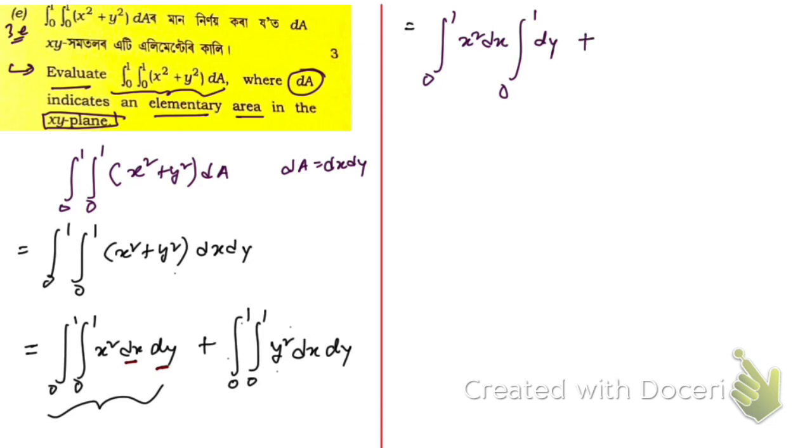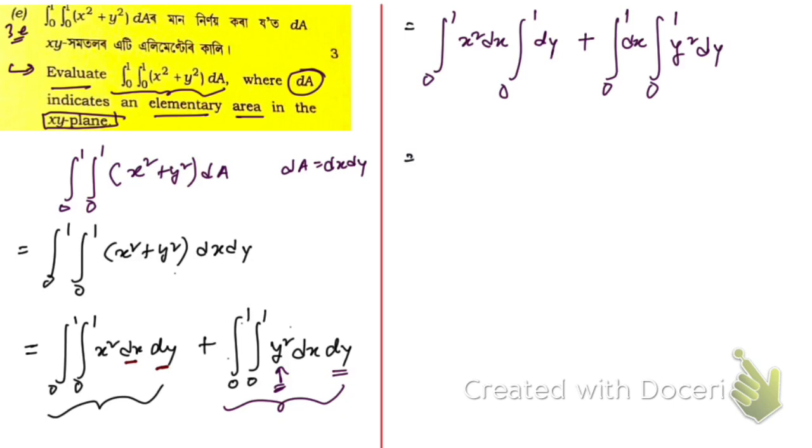Similarly, this part is a function of y, so we can take this one with dy: integration 0 to 1 dx and 0 to 1 y square dy, that's how we can do it.